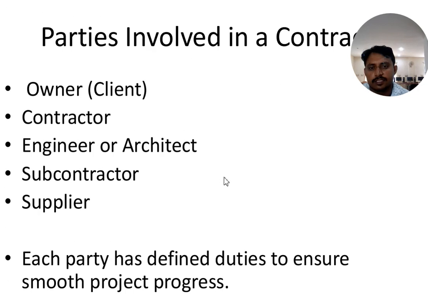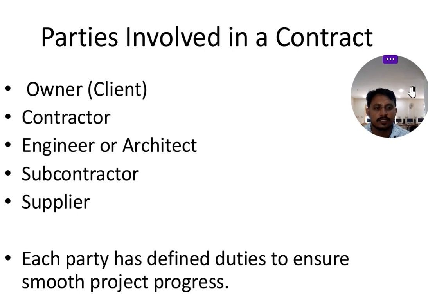So the next, moving on to parties involved in a contract. So if there is a contract, it may relate to road work, building work, bridge work, whatever the work is. So how many parties are involved? We already discussed at the start: two or more parties are involved in the contract.